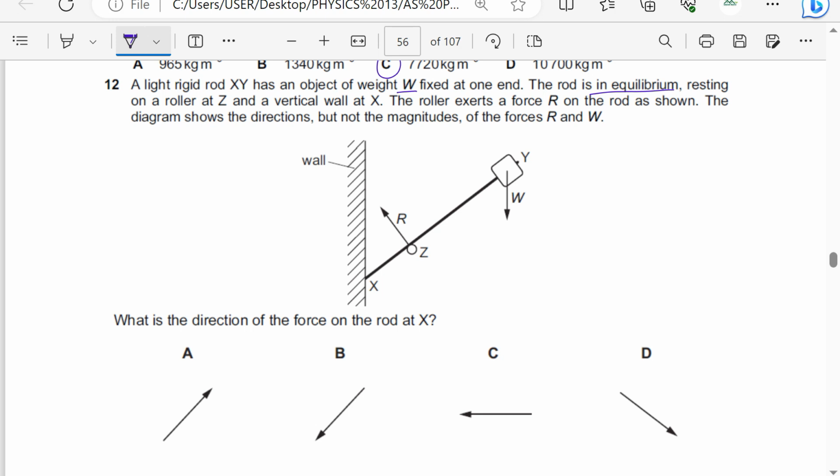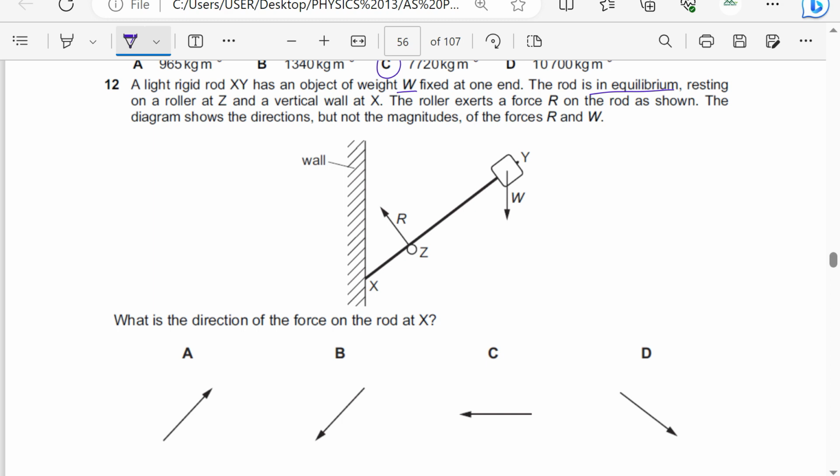Because the body is in equilibrium, when I prolong these forces, there should be a force acting at point X to balance these ones. Remember, the resultant force should be 0, and the resultant moment should also be 0.